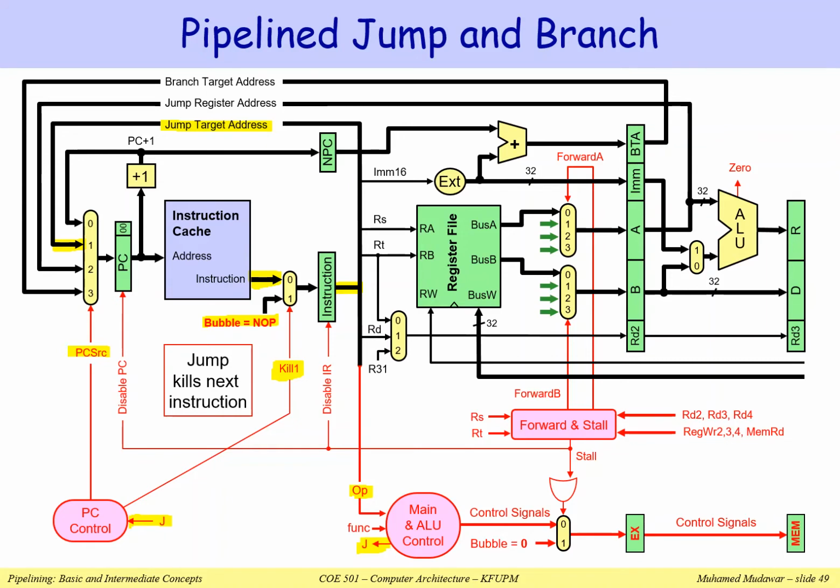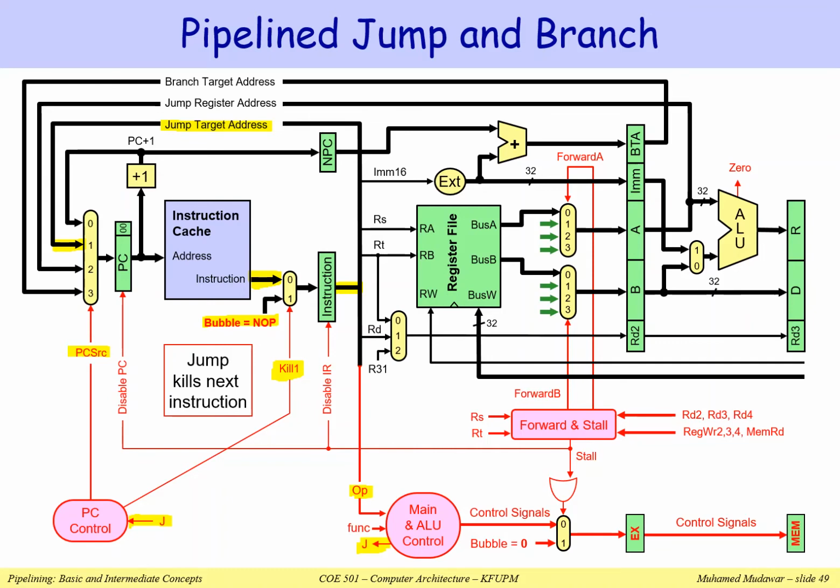So a bubble is just an operation. For example, it could be an ALU R type instruction that writes the result into R0. As long as we are writing the result to R0, this instruction has no effect on the pipeline. It does not update any register in the register file. So a bubble can be any ALU instruction that writes to R0.